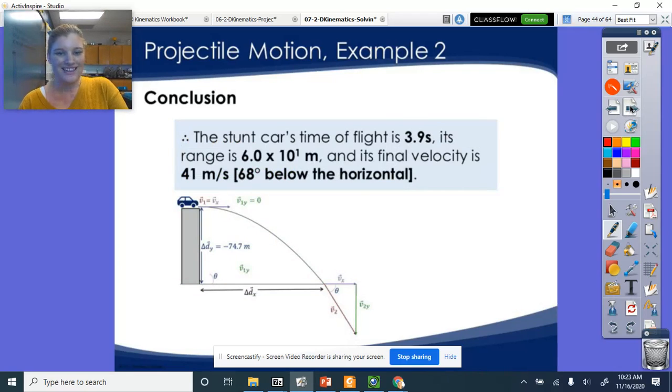So in total, the stunt car's time of flight lasts 3.9 seconds. It goes 60 meters. You don't have to write in scientific notation like that. And the final velocity is 41 meters per second at 68 degrees below the horizontal, or below the horizon.